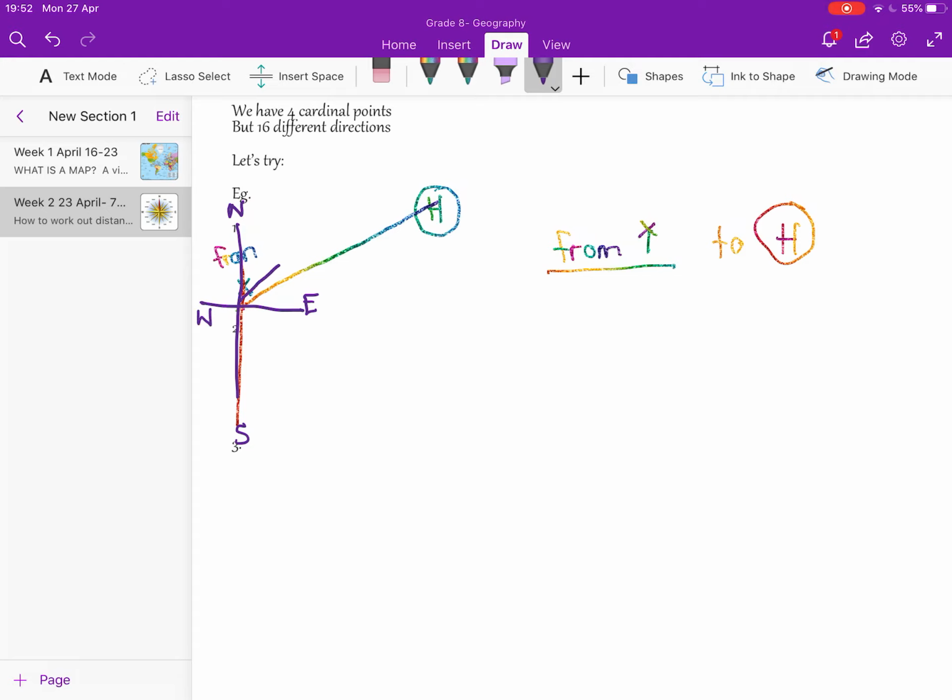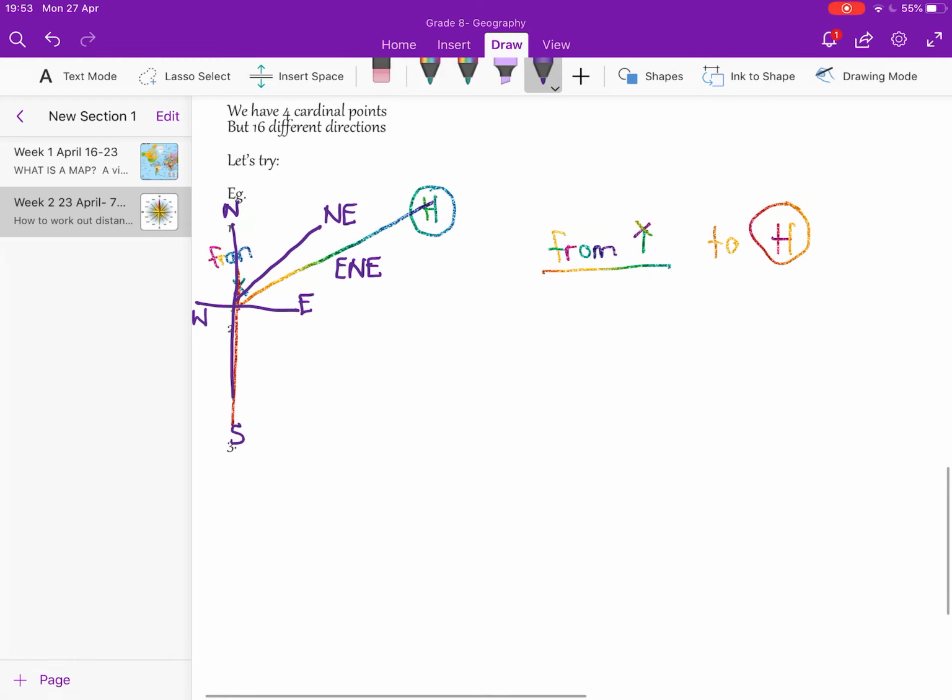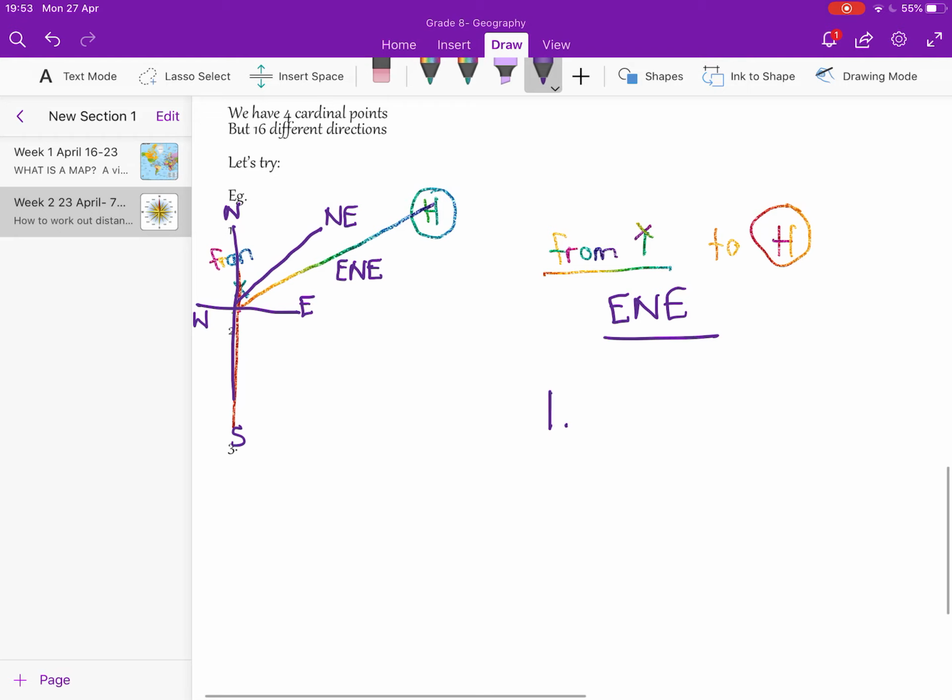That one is not exactly in the middle. So this would be northeast, but it lies just below the northeast line, which would be known as the east, northeast direction. So your final answer for the direction from the windmill to the hospital would be east, north, east.